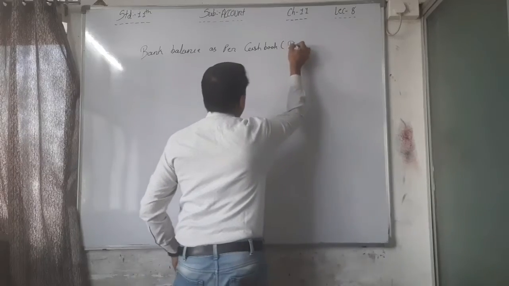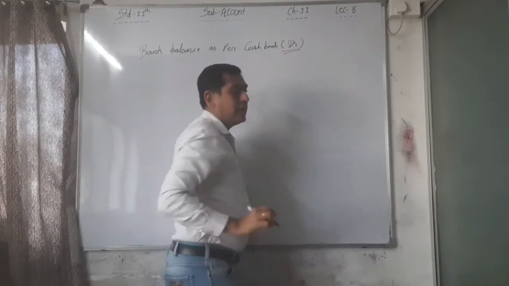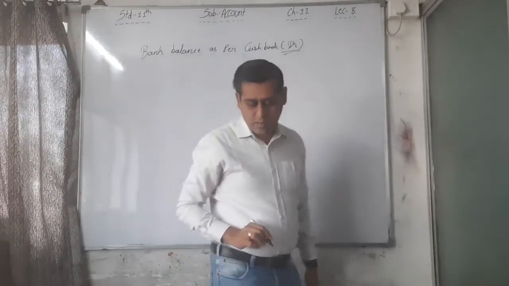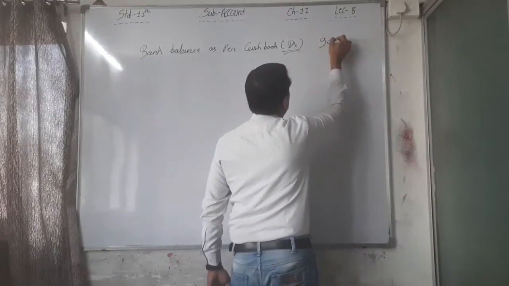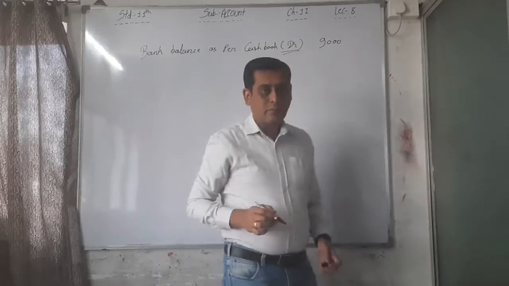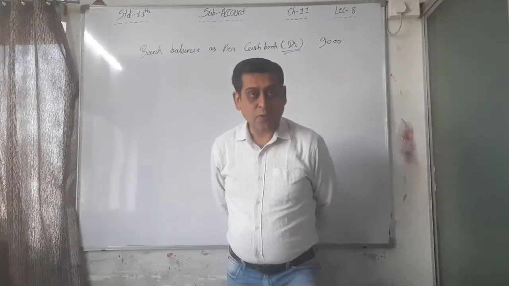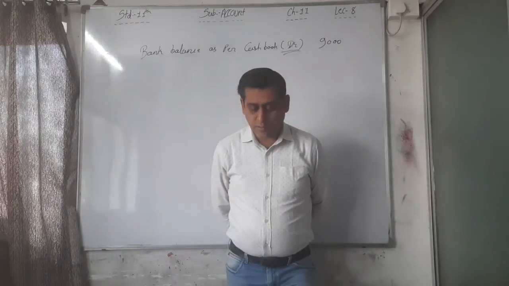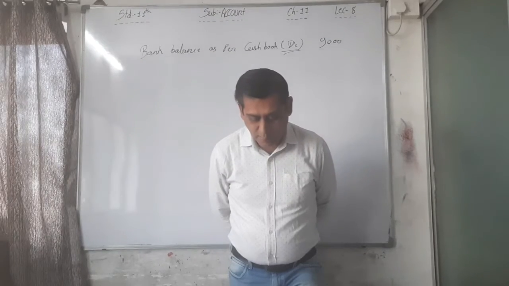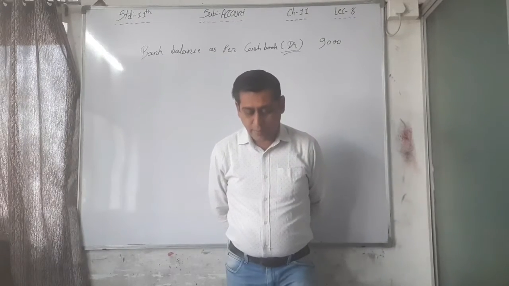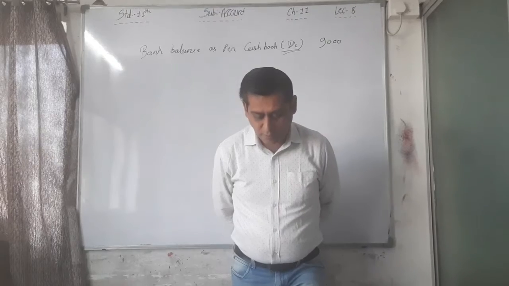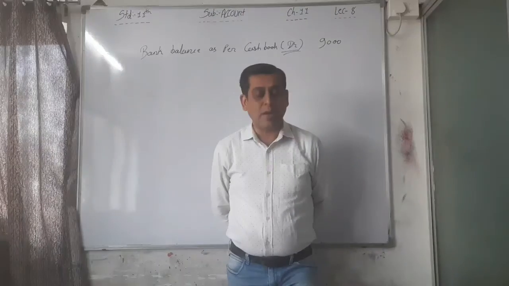So it's a debit balance, write down debit rupees 9,000. This is the starting point of the sum. On 31st October 2017, it does not tally with the bank balance as per passbook. Prepare Aditya's bank reconciliation statement from the information given below.